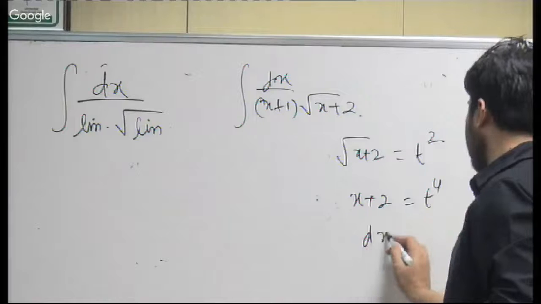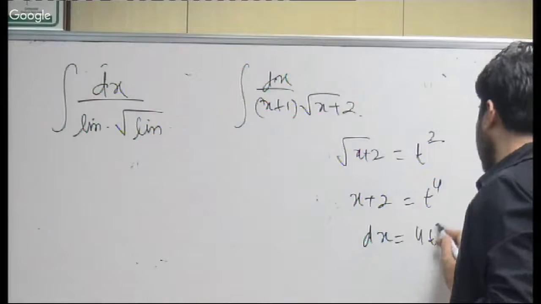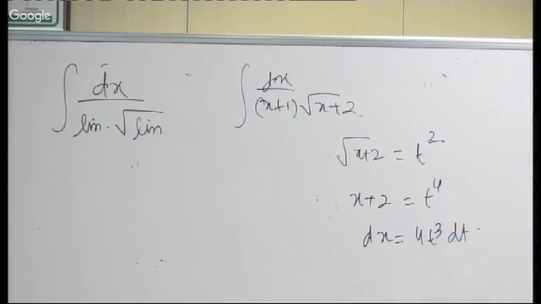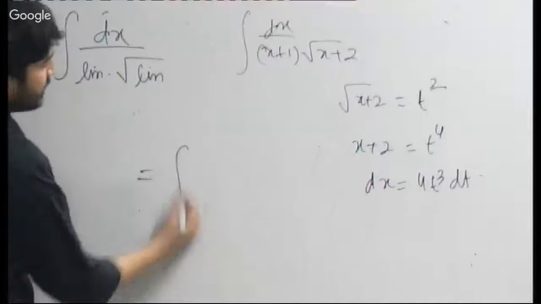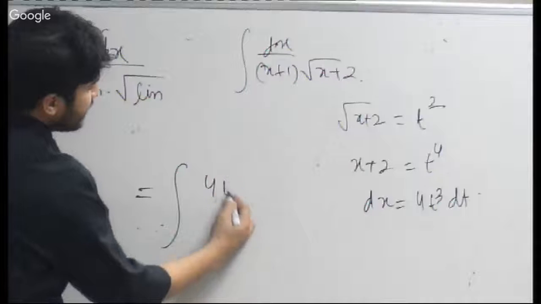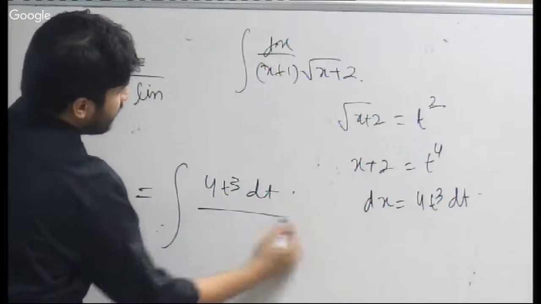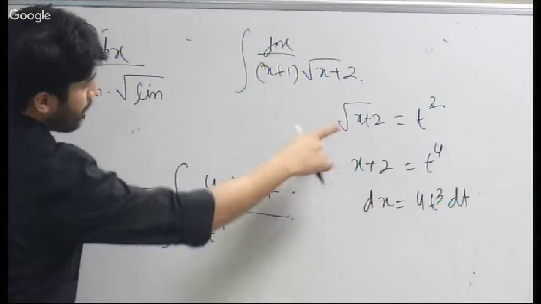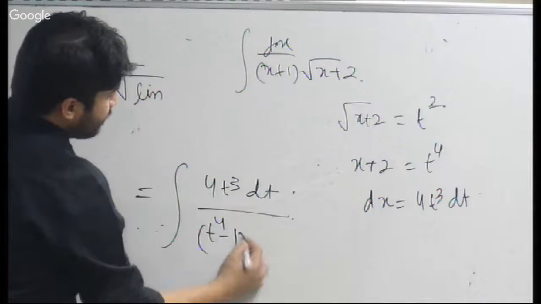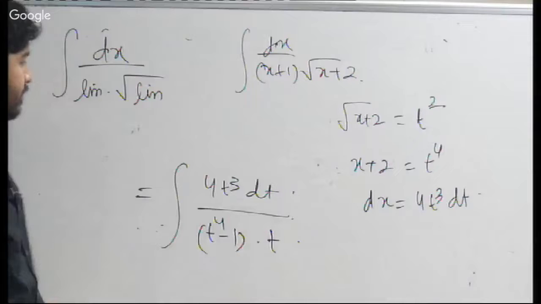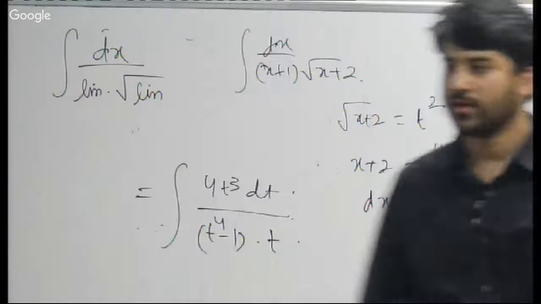So dx is, so I can see this as dx is nothing but 4t cube dt upon (t to the power 4 minus 1) into t, right?